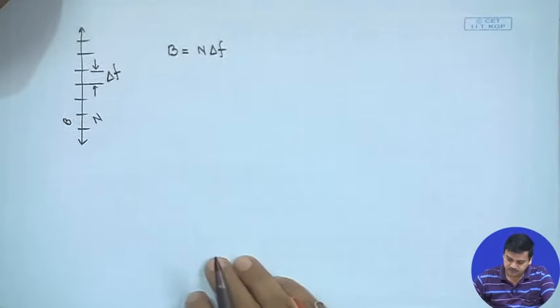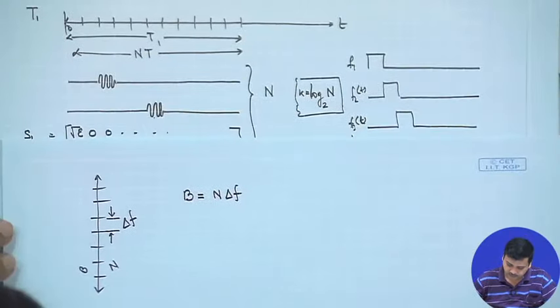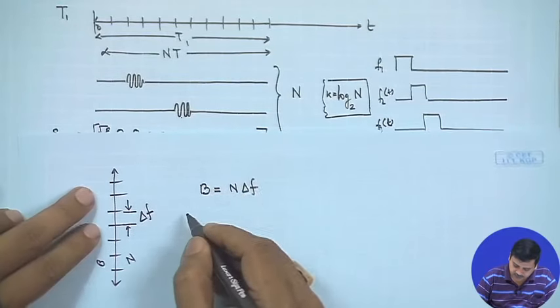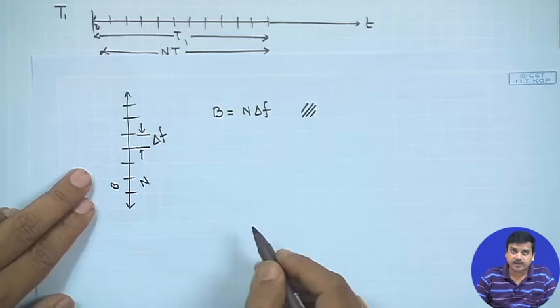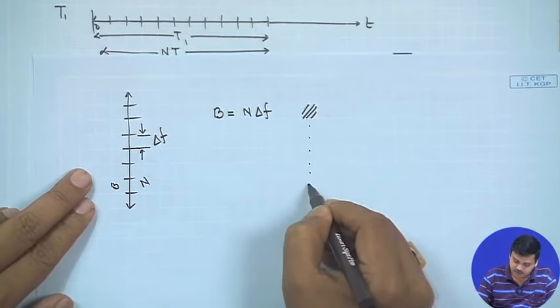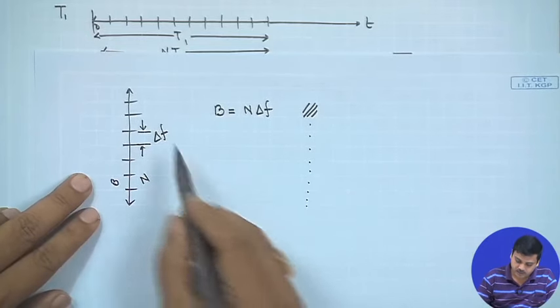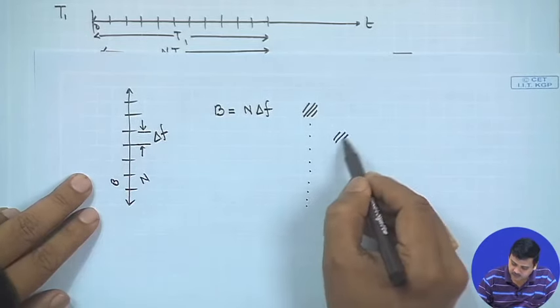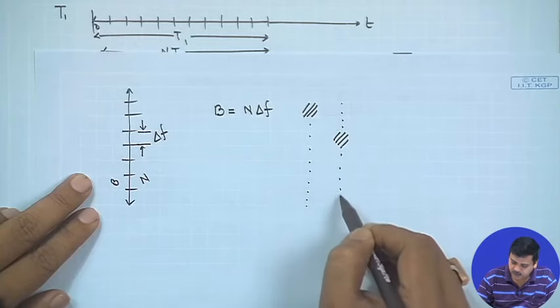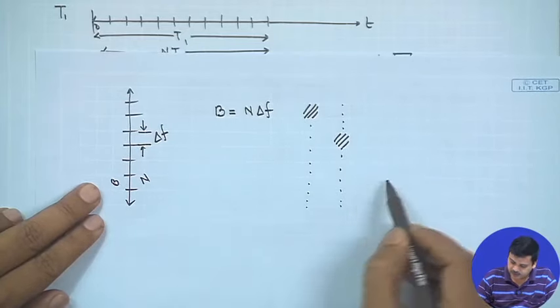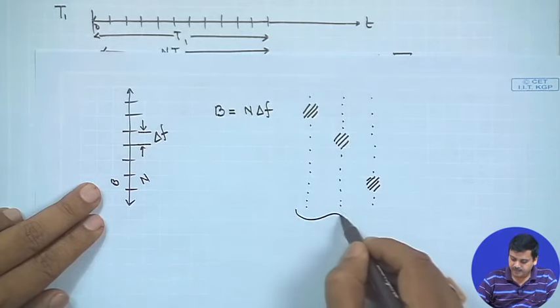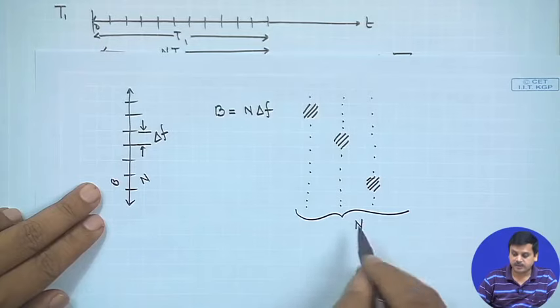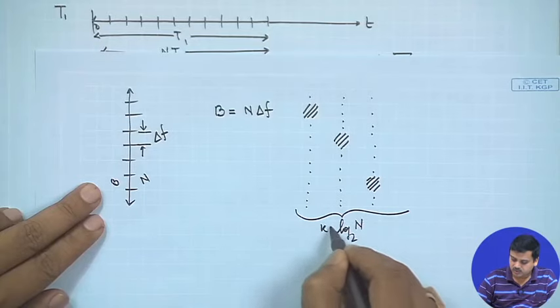In a similar fashion, you could have n different choices. One of the signals could have some energy in this and 0 in all the others. You could have another signal which has energy there and nothing over here. You could have another signal which has energy over there and nothing in the other frequency bands. So, again you have n possible choices, and you could use log base 2 of n as k.